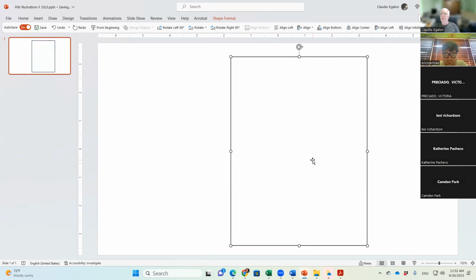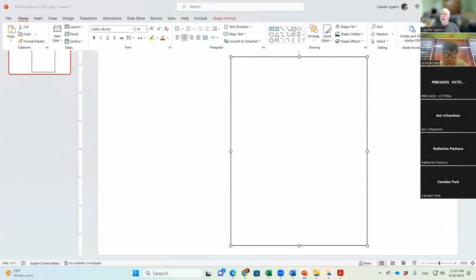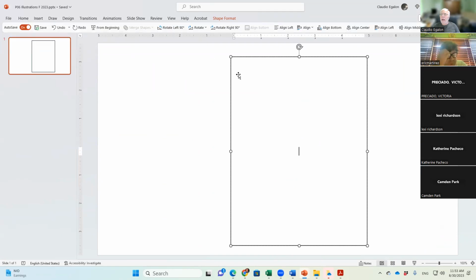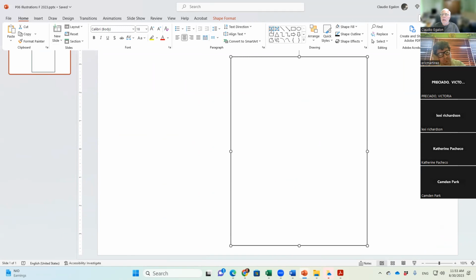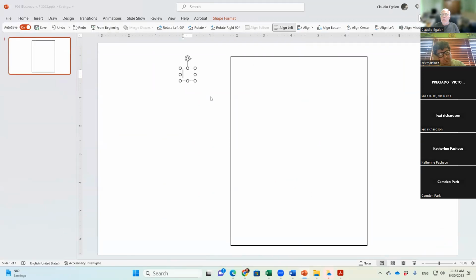Okay, here's my table, right? N equals 1, 2, 3, 4, 5, right? All sorts of numbers.